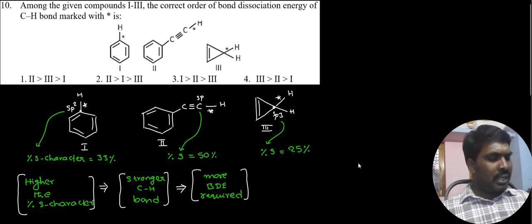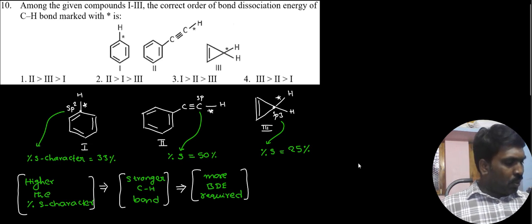So the triple bonded adjacent carbon is greater than the double bonded adjacent carbon, then the single bonded adjacent carbon. So the bond dissociation energy order is 2 is greater than 1 is greater than 3.